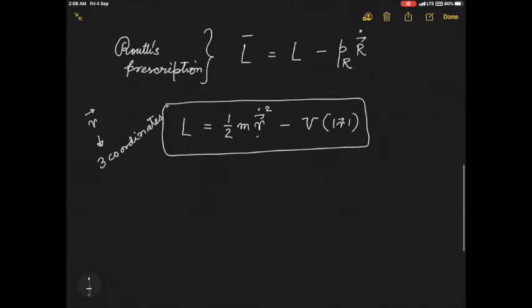Actually, the motion of the other body is also there. The motion of the other body will give you m r dot is constant, which I am not writing explicitly, because this equation is trivial to solve. Once you know what r dot is, it will stay as it is because m is constant.